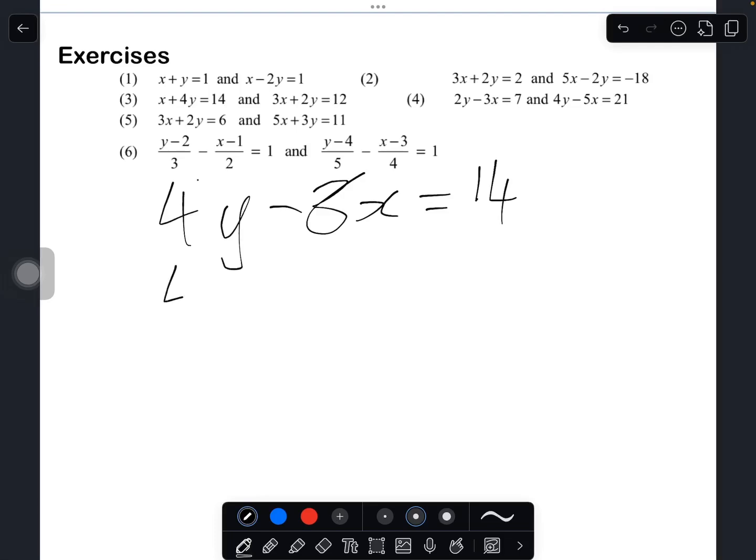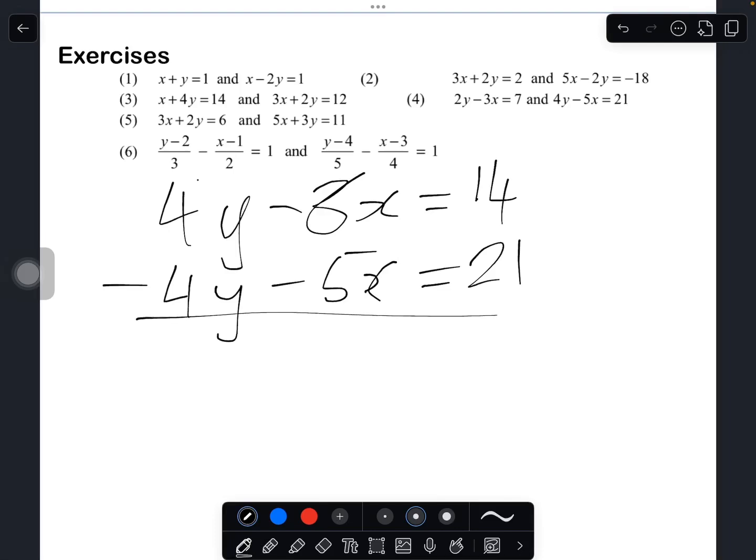Then we're going to put our other equation below it, 4y minus 5x equals 21. We can now subtract these two, and we're left with the y's cancel out. Because we're subtracting them, this negative 5x will then become a positive 5x. So we're left with minus x equals negative 7, and we'll have x equals 7.